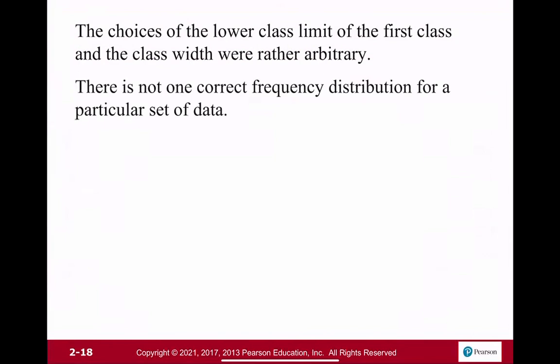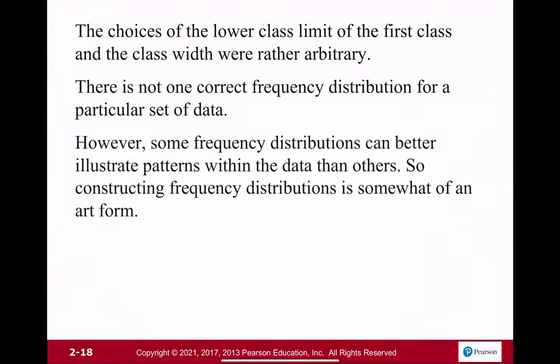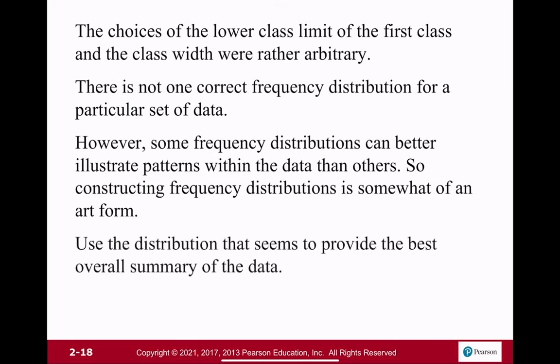So there is not a correct frequency distribution for any particular data set. However, some frequency distributions can better illustrate patterns within the data than others. So constructing a frequency distribution is somewhat of an art form. Use a distribution that seems to provide the best overall summary for the data.